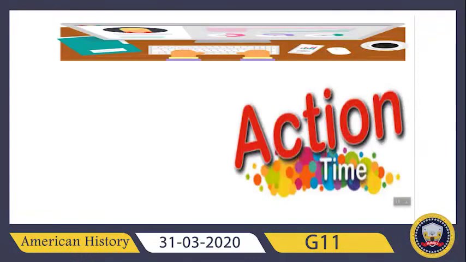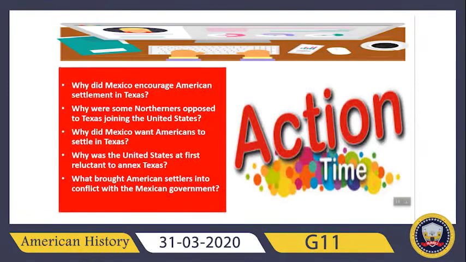The last thing, like always, is the activity for today. You have to read this lesson again in great detail from your books, and then answer a few questions I made. Why did Mexico encourage American settlement in Texas? Why were some Northerners opposed to Texas joining the United States? Why did Mexico want Americans to settle in Texas?